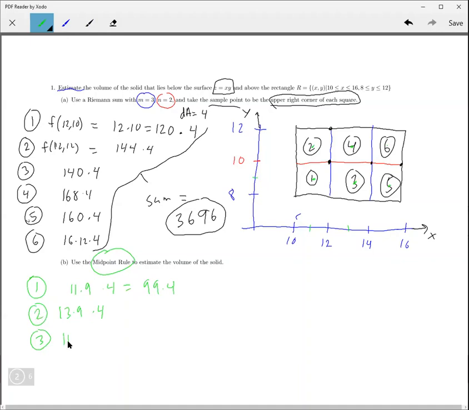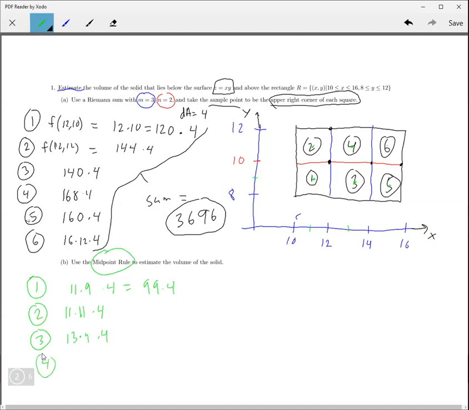I mixed everything up. It's because this weird color is just throwing me off. The third one is 11 times 11. And this one's 13 times 9.